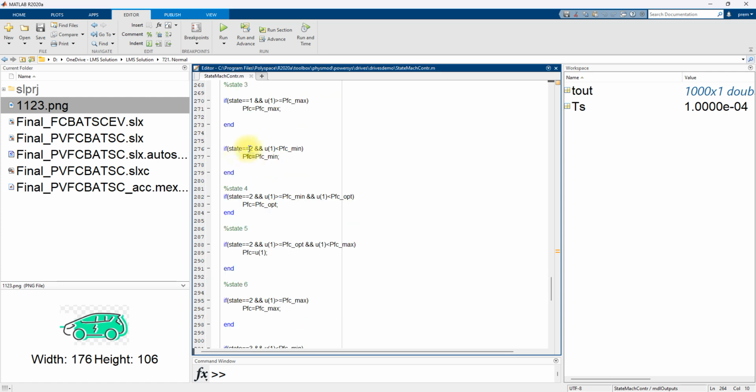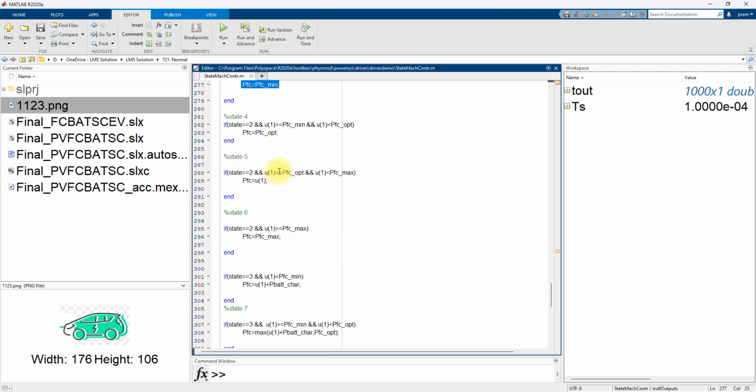If state equals 2 and U of 1 is less than the fuel cell power minimum, then the fuel cell power equals the fuel cell power minimum. Next, if state equals 2 and U of 1 is greater than or equal to the fuel cell power minimum and less than the fuel cell power optimum, U of 1 being the EV load power, then the fuel cell power equals the fuel cell power optimum.